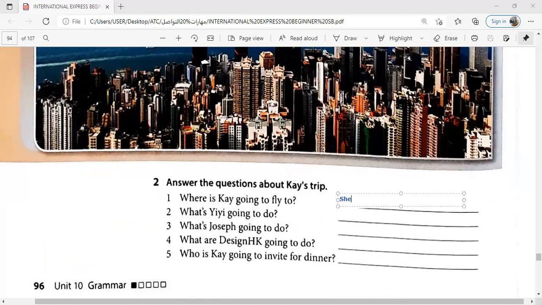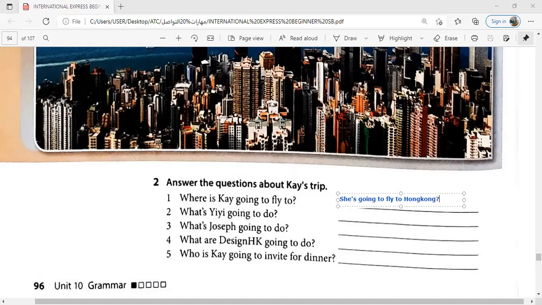We are going to start with she's, بعدين going to fly. بدنا نشوف استخدام going to plus verb بالإضافة للفعل المساعد before it. She is going to fly to. Where is she going? To Hong Kong.